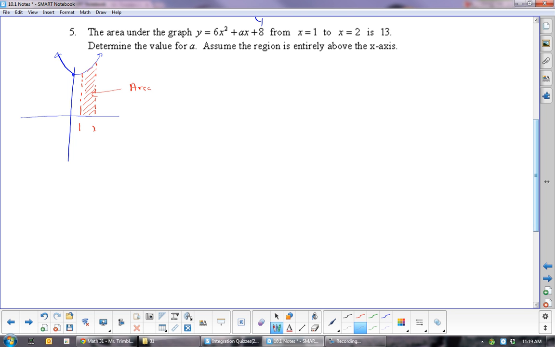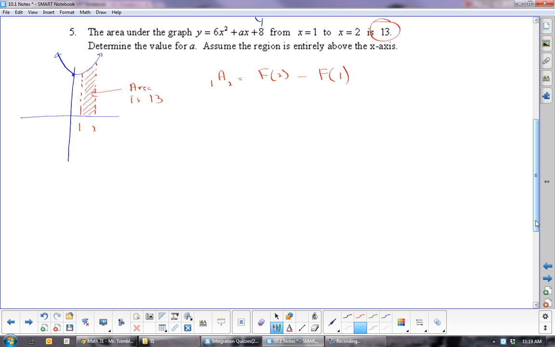We know that this area is 13. That's from the question. It says the area is 13. Determine the value of a. Now we know that area from 1 to 2 is the antiderivative at 2 minus the antiderivative at 1. Okay, what is our antiderivative?